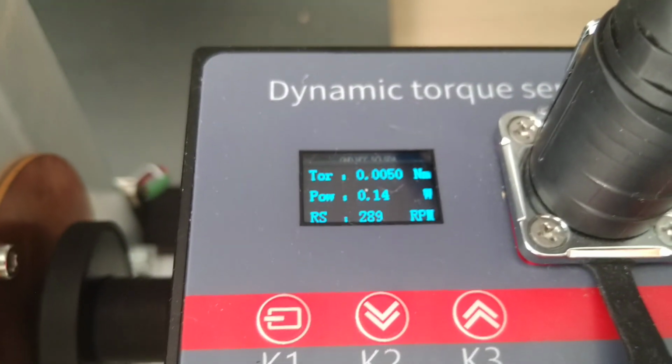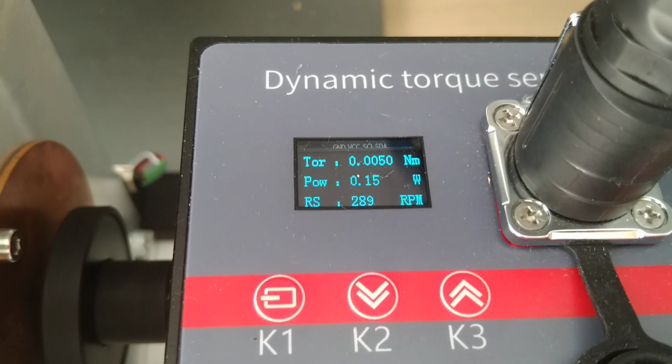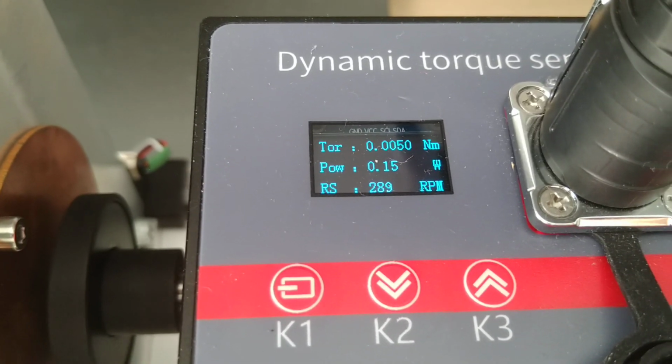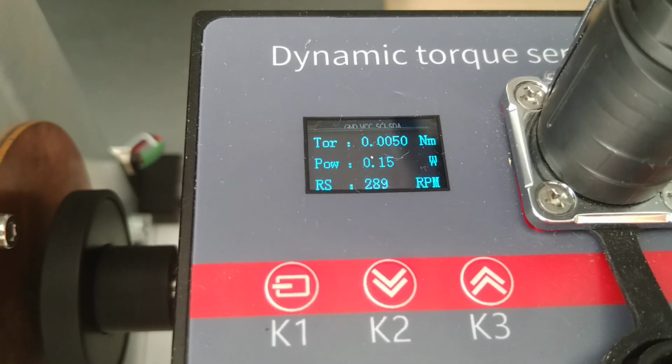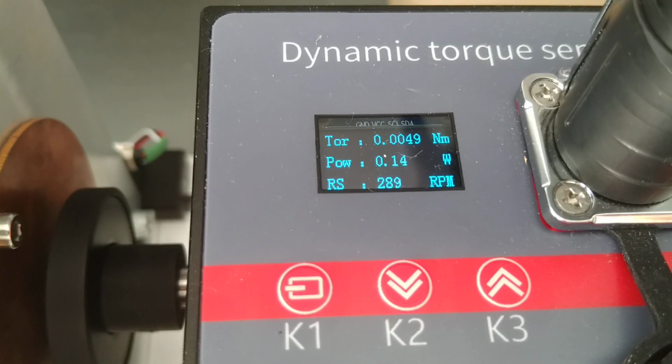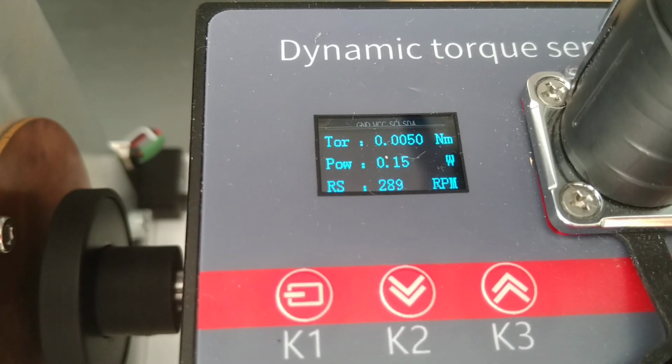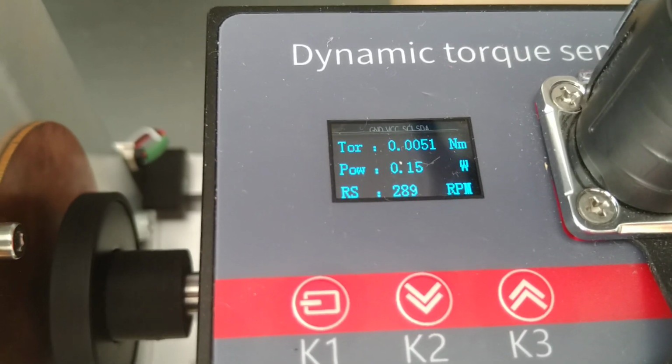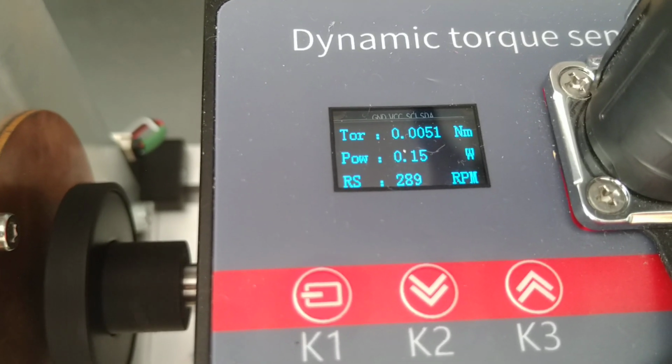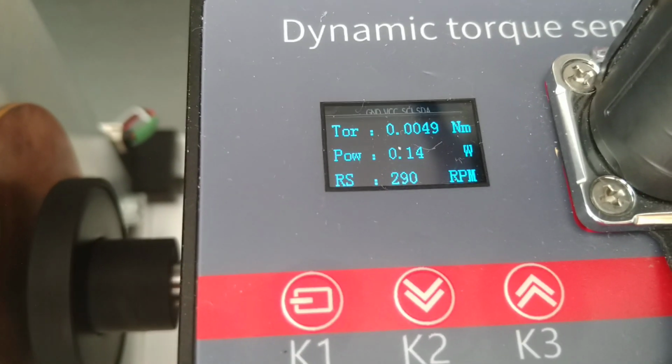So let's also have a look at the torque sensor display. It's also showing 0.005 Newton meters, a little bit more jumpy because this display is not showing filtered values, whereas the display of the Mini-Dyno shows slightly more filtered values for convenience of reading.